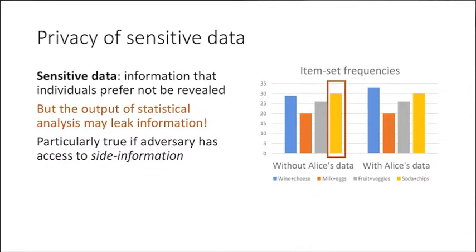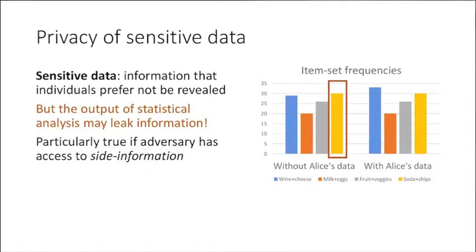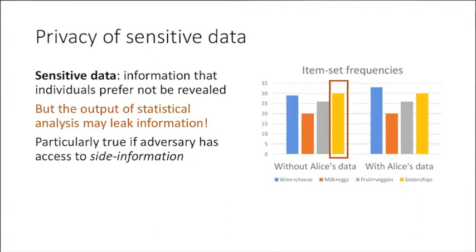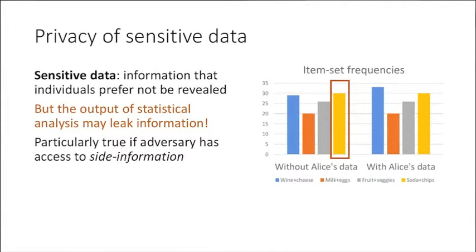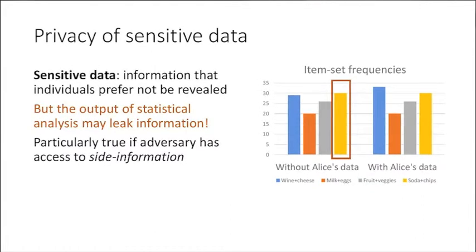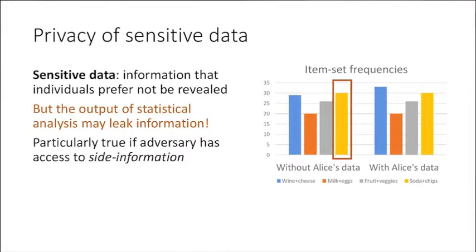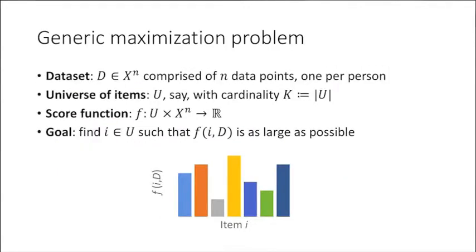But then, we would like to use this data to do some kind of statistical analysis to solve this generic maximization problem, because this is useful for many reasons. You can find classifiers that classify individuals based on these descriptors.